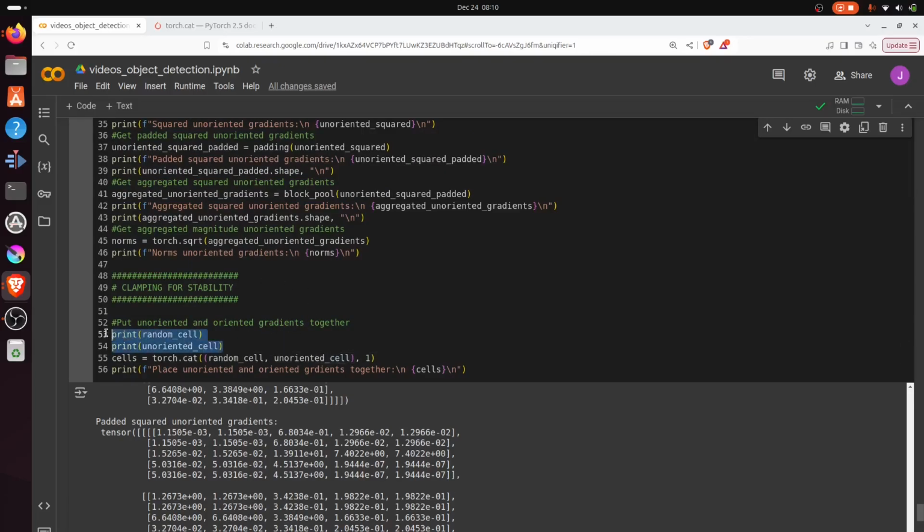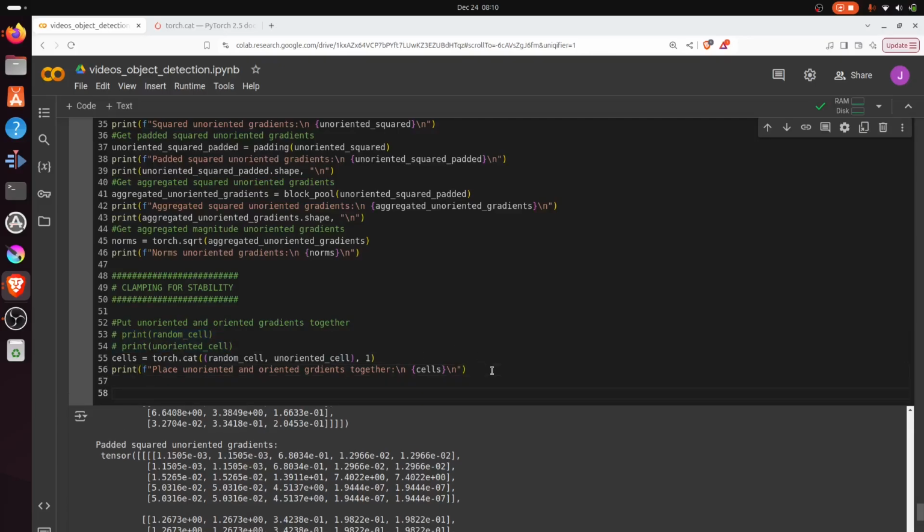So now what should we do next? Let's think about that. Well, we are going to need to normalize the magnitude of the aggregated gradients, more specifically the norms of it, right? So in order to do that, we're going to define a factors variable.